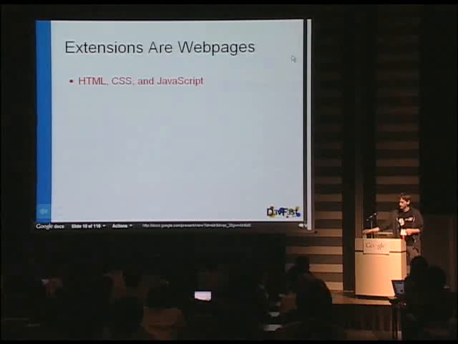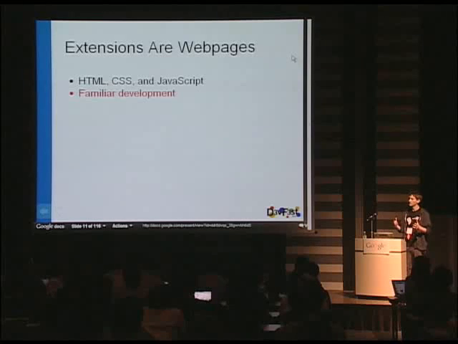Extensions are made entirely of standard web technologies: HTML, CSS, JavaScript, and so forth. The same development process that you use for creating a web page is applicable to extensions. You pop open your files in a text editor, manipulate them, and then just reload your extension, and you can see the changes that you've made instantly.